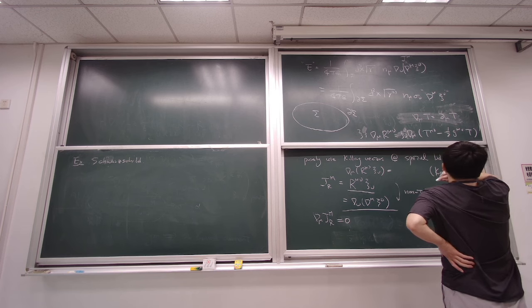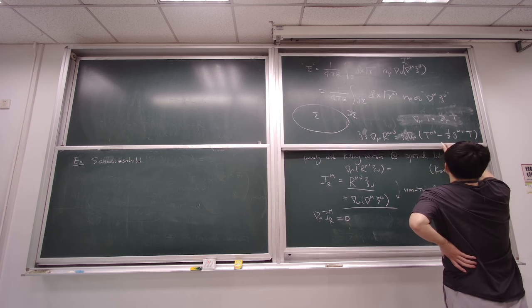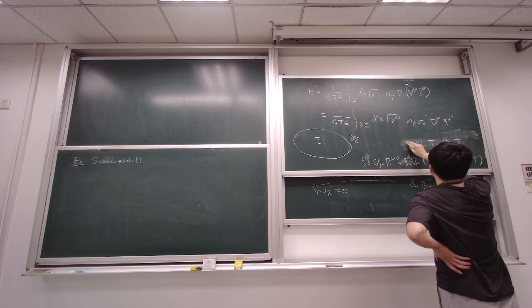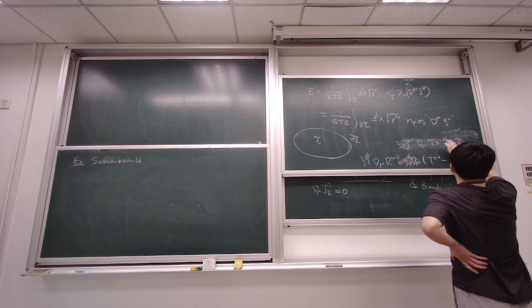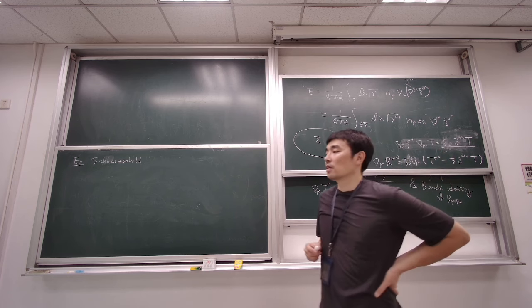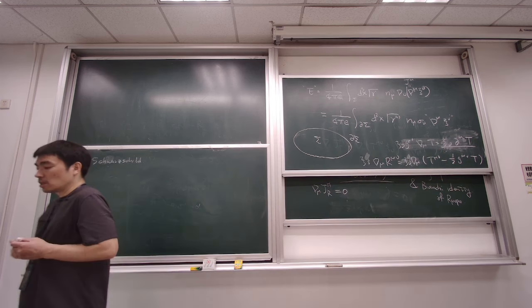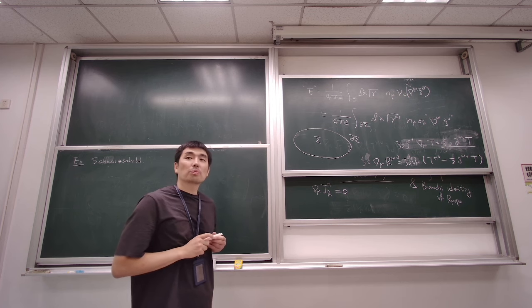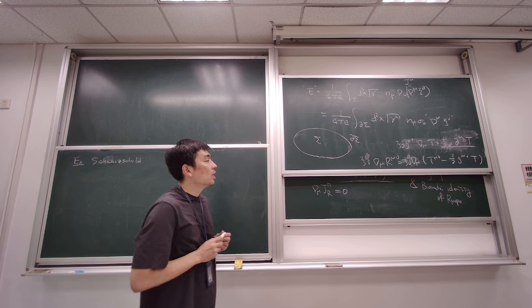And then this will give you C nu, del mu t, right? This del mu t. And then, since it's a Killing spinor, this should be 0.